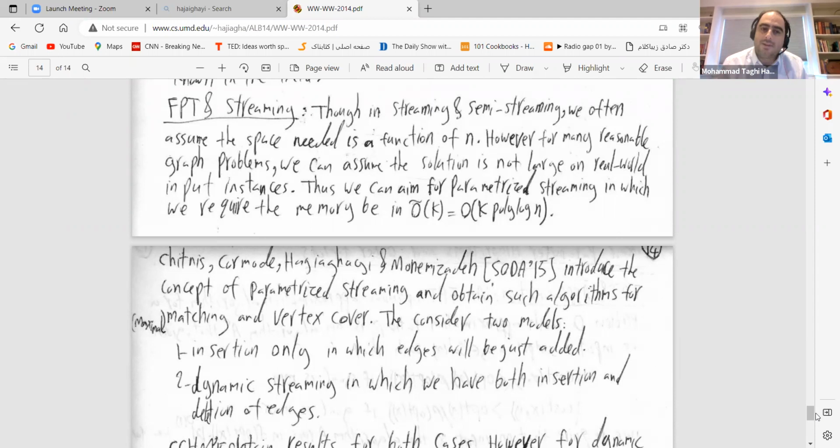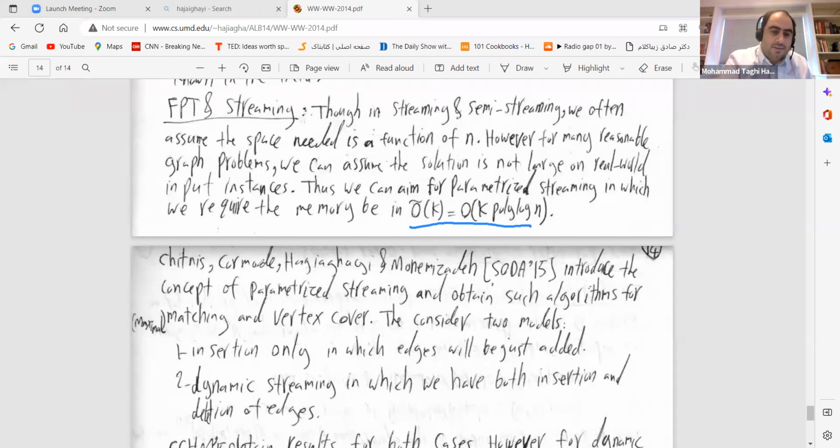The first paper on this, now there are several results on it, says that parameterized streaming is a set of streaming problems such that the space that we need for a parameter k is indeed order k times polylog n. Polylog n we need to have because for any number between 1 and n, you need at least log n bits. So that is somehow unavoidable. But other than that, we want the space to be order k.